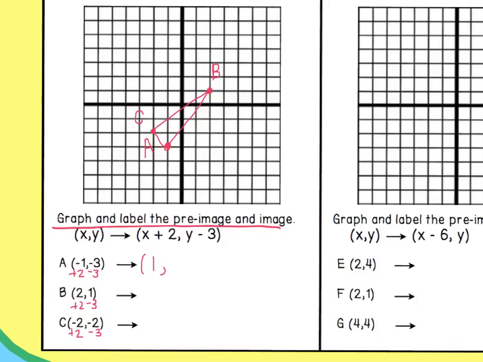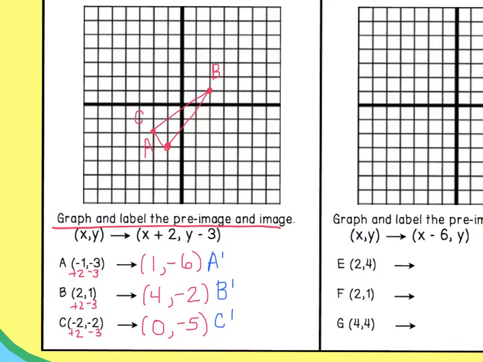Negative 3 minus 3 is negative 6. 2 plus 2 gives us 4. 1 minus 3 gives us negative 2. Negative 2 plus 2 gives us 0. And negative 2 minus 3 gives us negative 5. So I'm going to label these A prime, B prime, and C prime, and then go ahead and plot them.